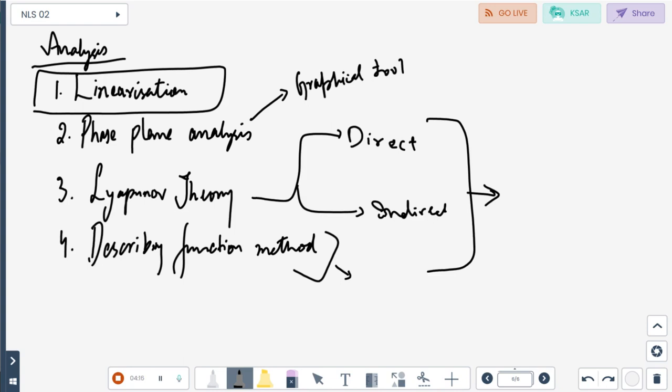And then we have the Lyapunov theory. As I said, Lyapunov proposed the direct method of nonlinear system analysis and the indirect method.